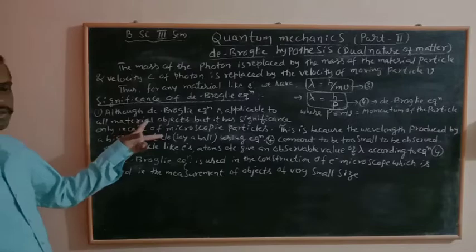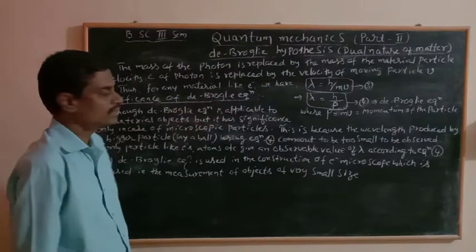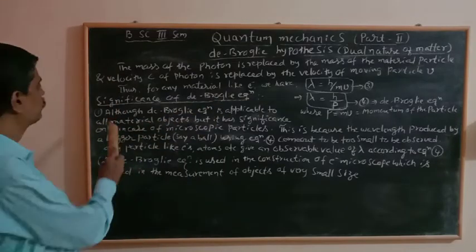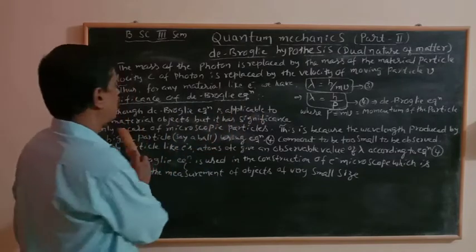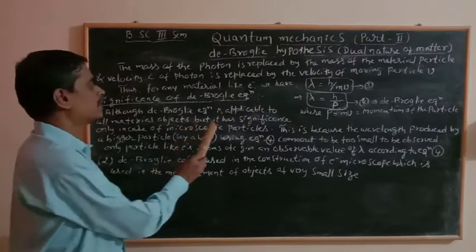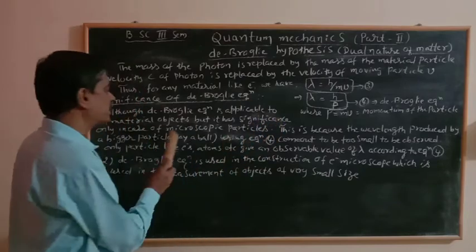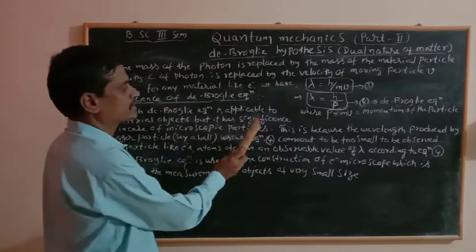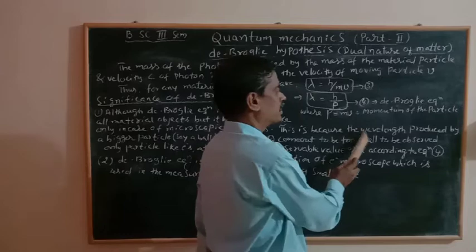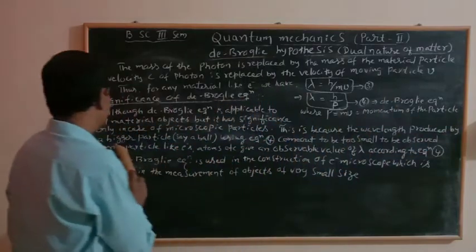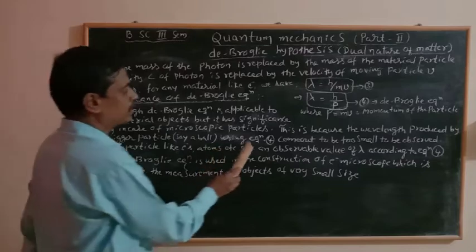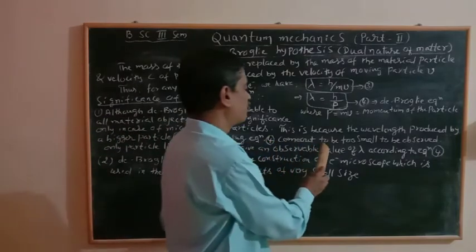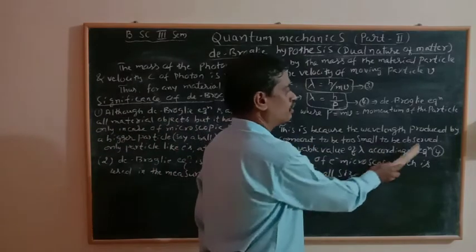There are two significances of this de-Broglie equation. One by one we can discuss now. The first is, although the de-Broglie equation is applicable to all material objects, it has significance only in the case of microscopic particles. This is because the wavelength produced by a bigger particle, for example this big ball, using equation 4, comes out to be too small to be observed.